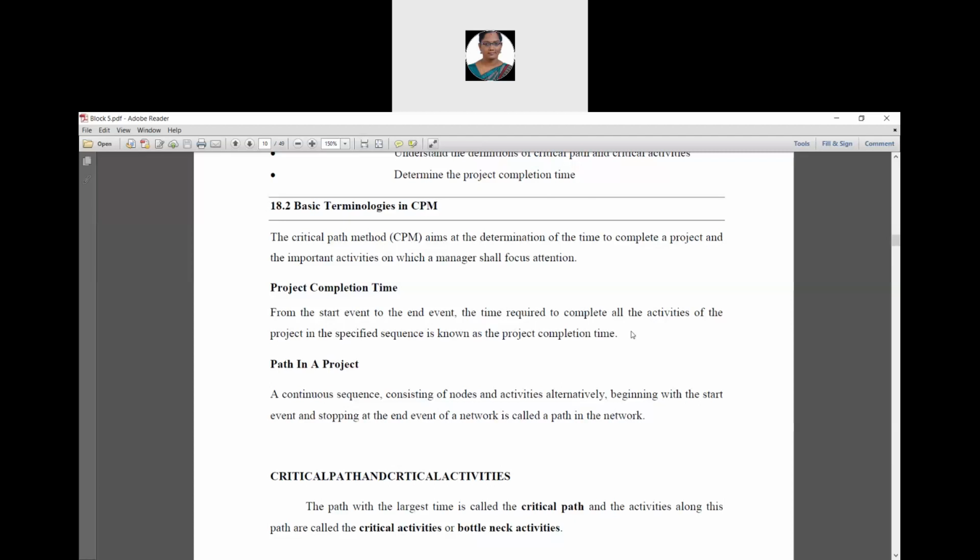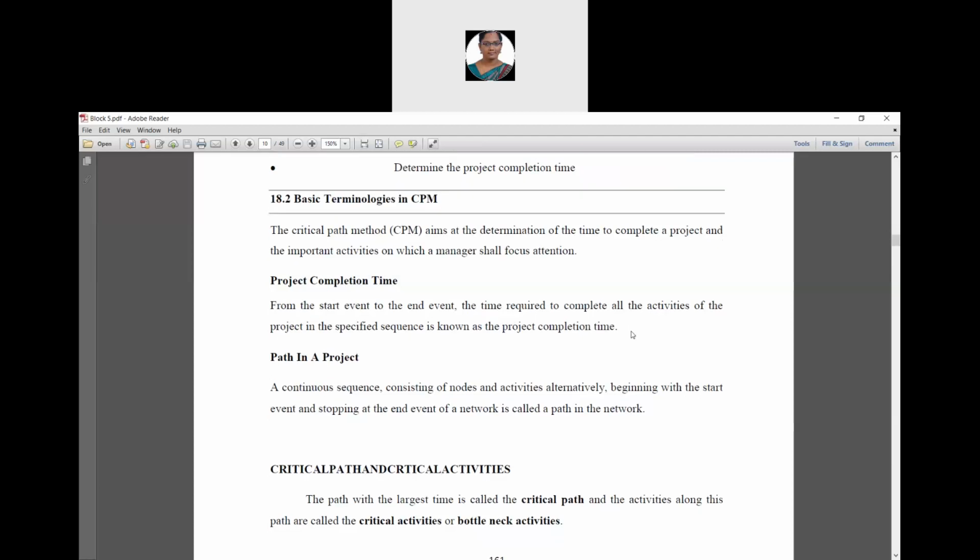First thing is project completion time. From the start event to the end event, it is the time required to complete all the activities of the project in the specified sequence.